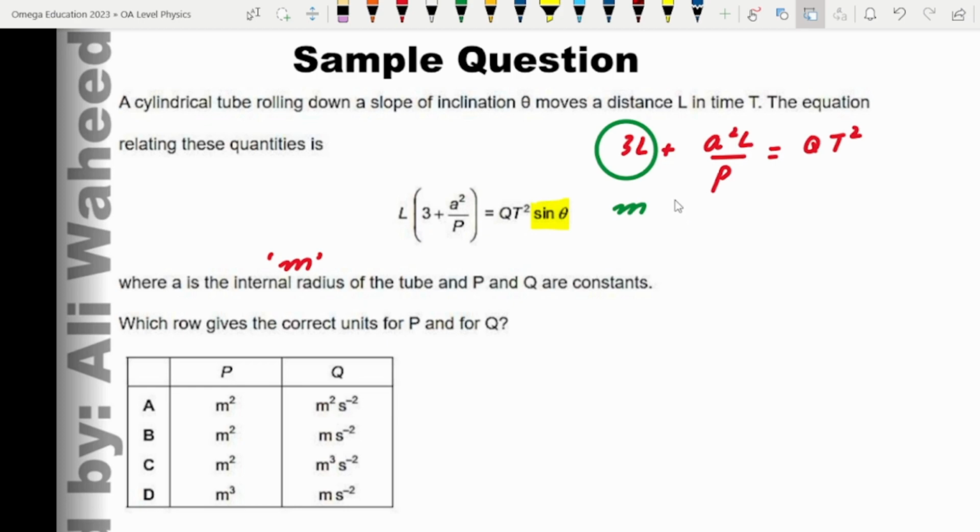Now what you can do is compare both of them one by one. So the unit of a square L divided by P has to be meters. The unit of this thing has to be meter, only then this thing can be added to the previous term.